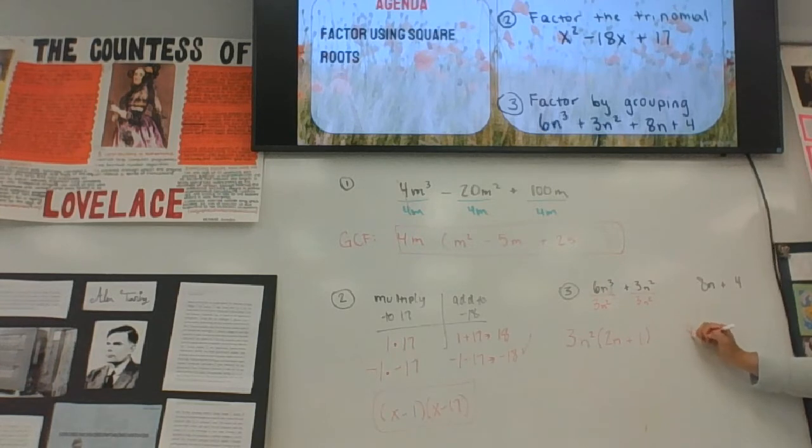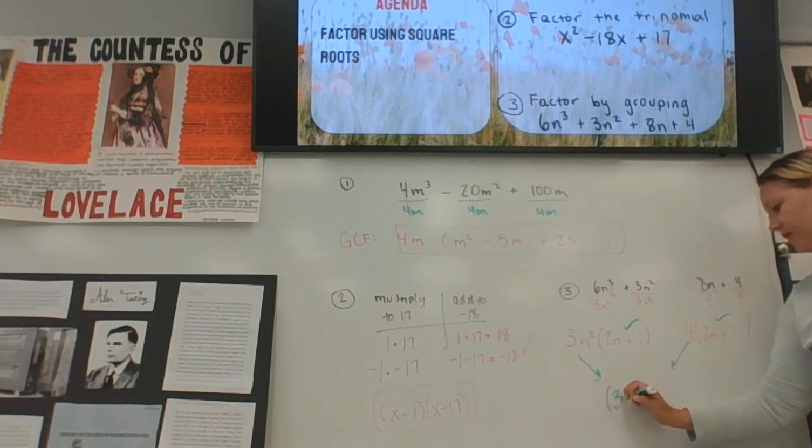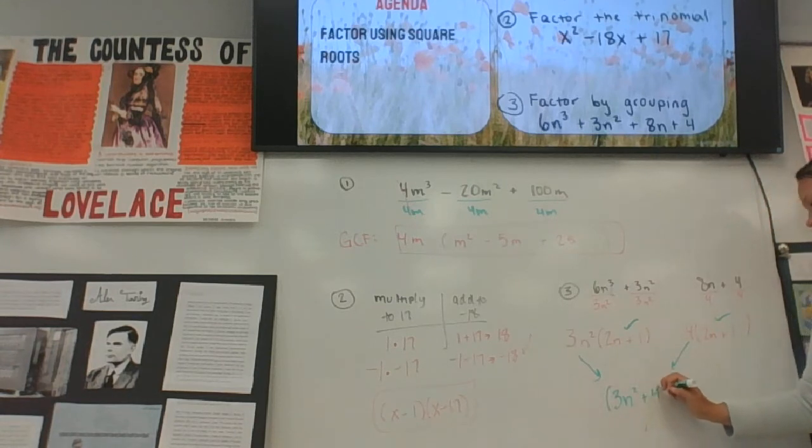And these two both divide by 4. 2n plus 1. And we know it works because the parentheses match. 3n squared plus 4, parentheses 2n plus 1.